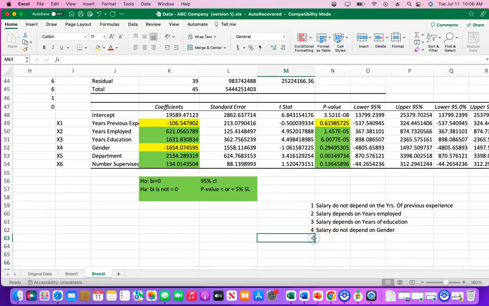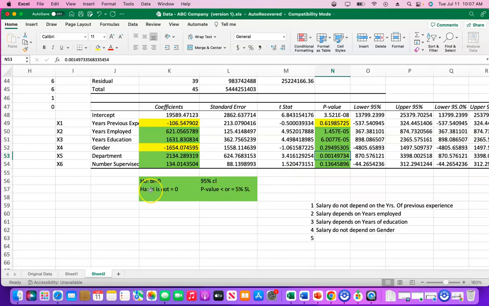So let's go with the fifth one. The fifth one is the department, meaning that there are a number of departments. And so, will working in a particular department determine your salary? In that case, we can see that we have this amount, which is the slope, and we can see that the probability value is less than 5%.